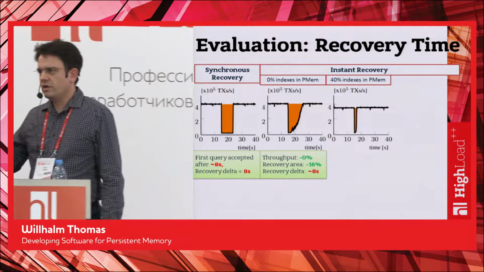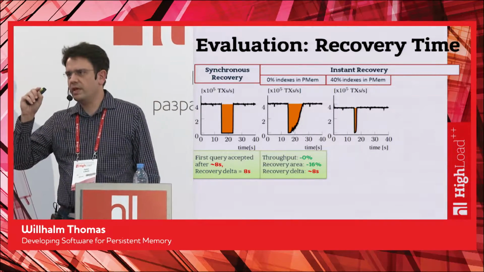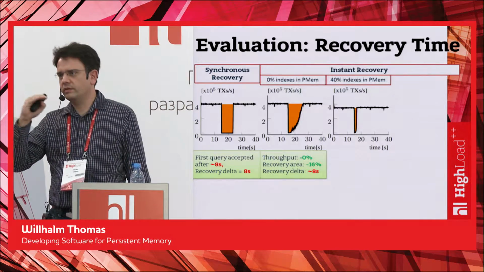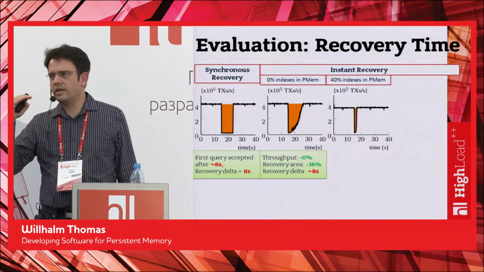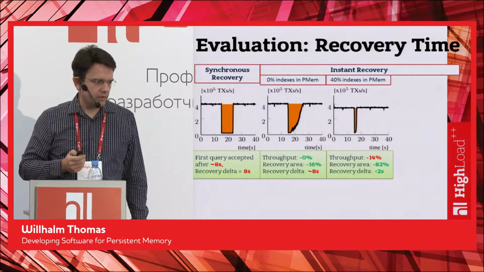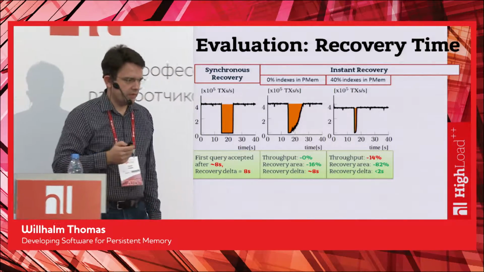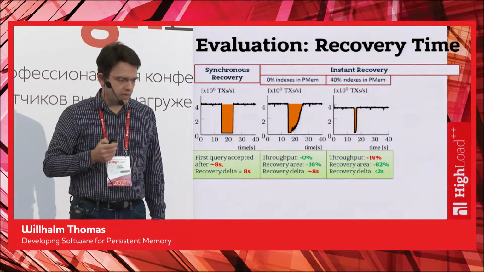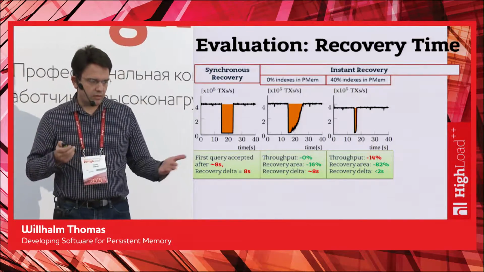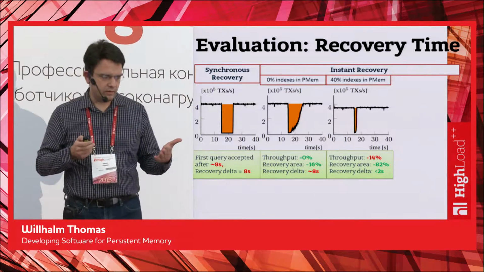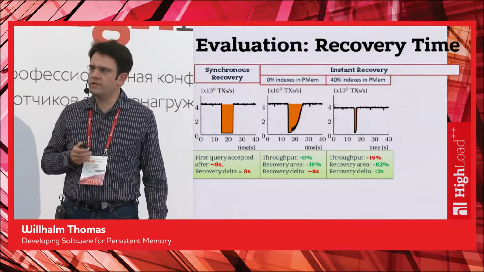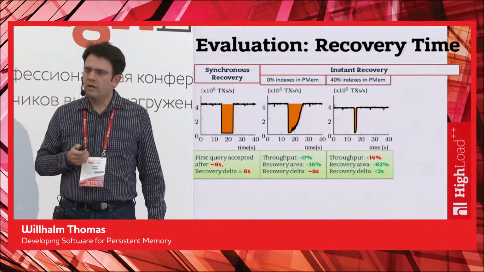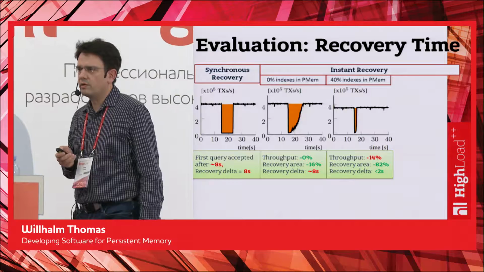But if you watch closely, you see also that we're paying a price in the throughput. The line is a little bit lower than on the left charts. To be precise, we have a performance hit of 14% in the throughput, but our recovery delta is now below 2 seconds, and this yellow area is even smaller. It's now 80% smaller than before.